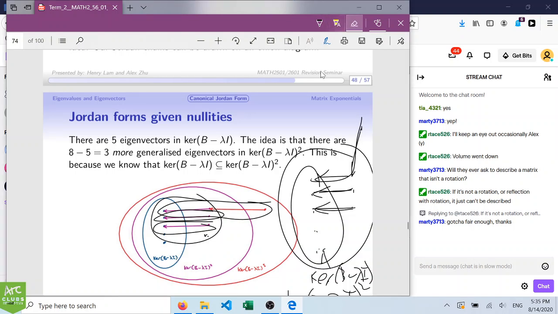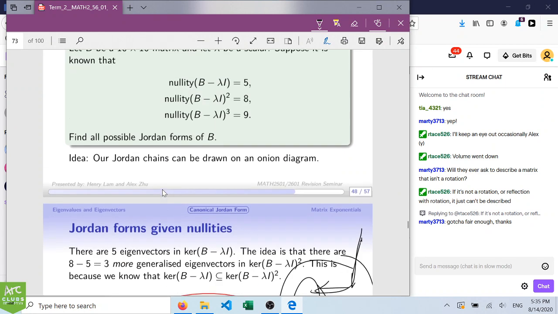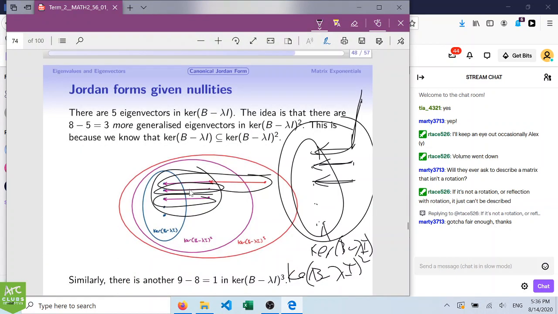If there is a 10th eigenvalue, this 10th eigenvector would have to be in one of these kernels: (B − λI), (B − λI)², (B − λI)³, or (B − λI)⁴. Now, if it's in the first one, then that would make the nullity 6, and that's not true. The nullity is 5, so it can't be in the first one.